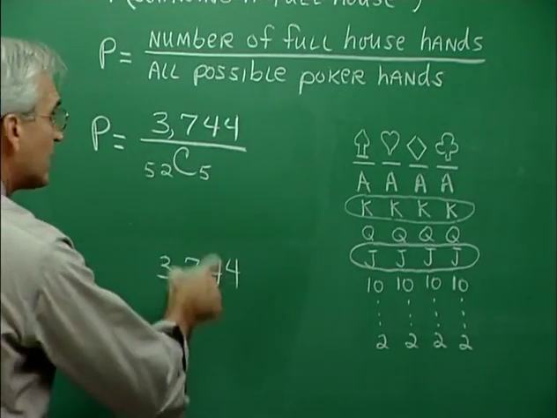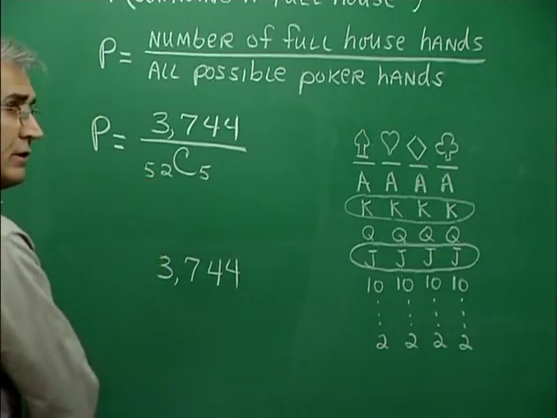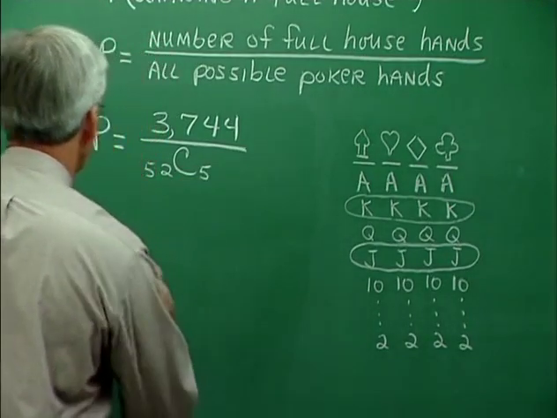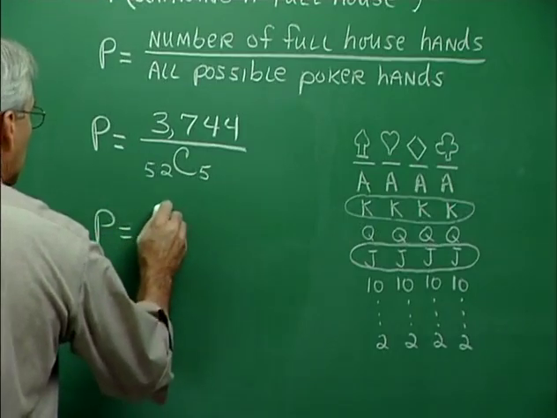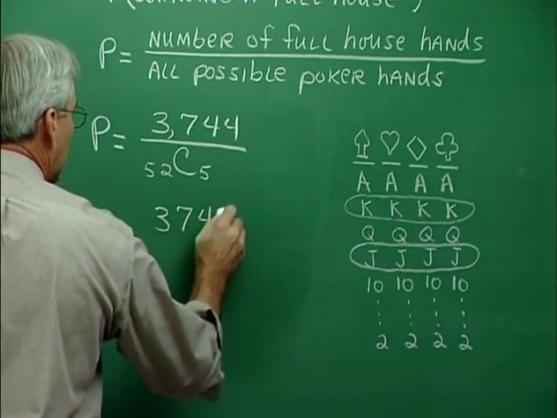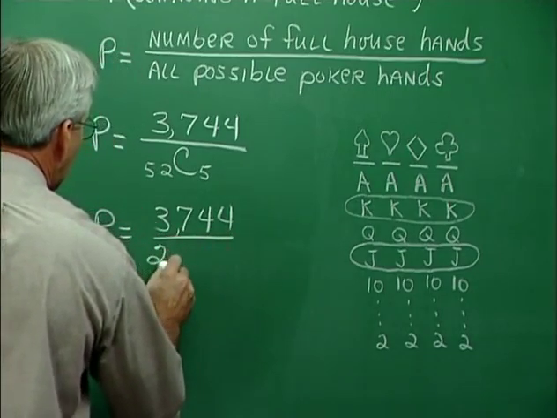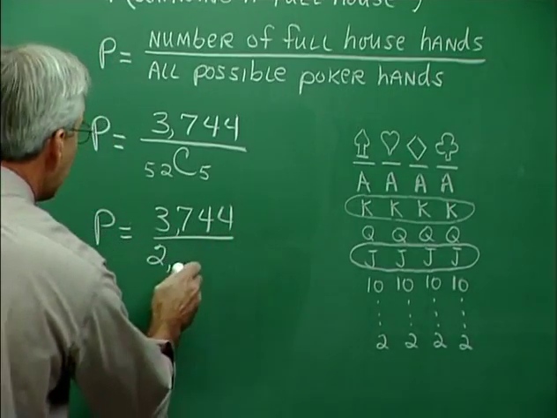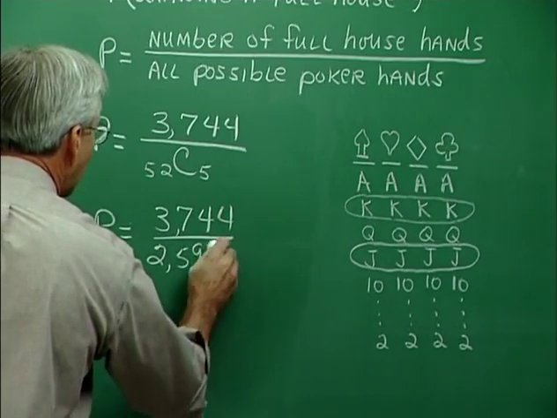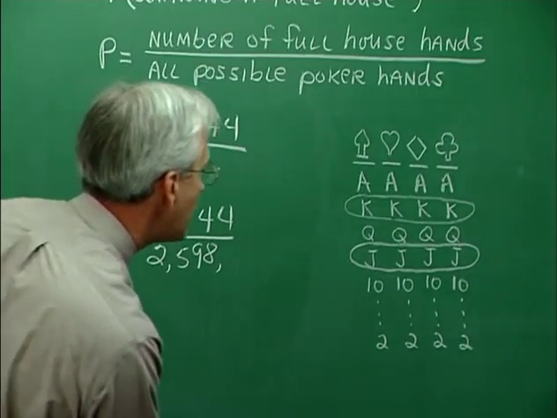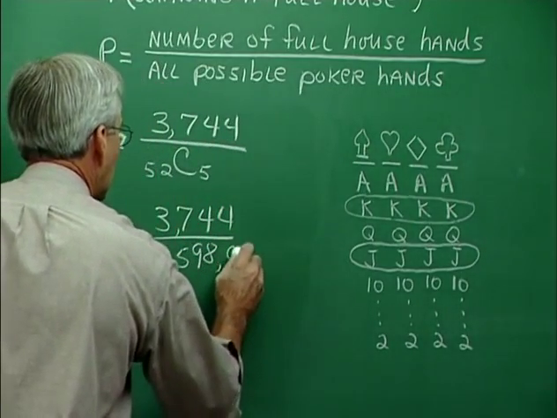You see, how many groups of 5 are there in 52? And that number is incredibly large. It turns out to be in the millions. It turns out to be 2,598,960, I think it says. I have it written off camera, so I'm looking over and reading it.